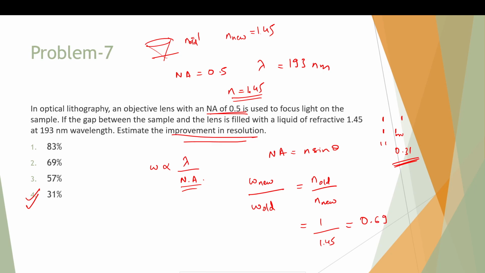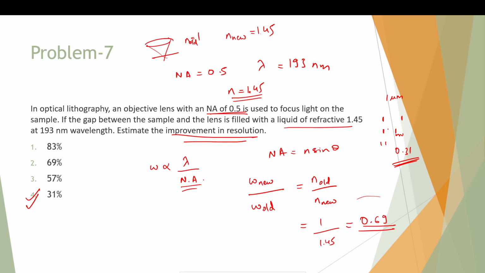Okay, and how did you get 0.31? That is the improvement in resolution they are asking, right? The ratio of the critical dimension changes by 0.69. Initially I could write a critical dimension of 1 micrometer on my sample. Now, because of adding a liquid of refractive index 1.45, I can go down to 0.69 micrometers.